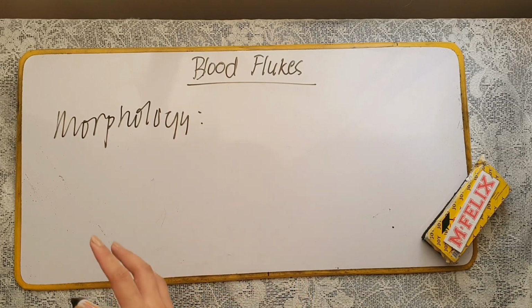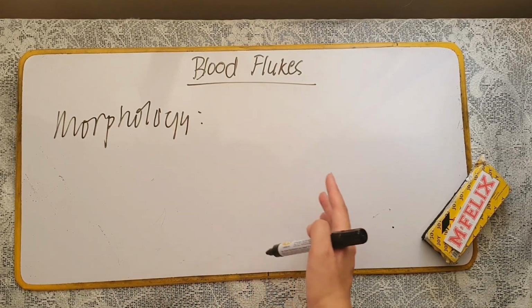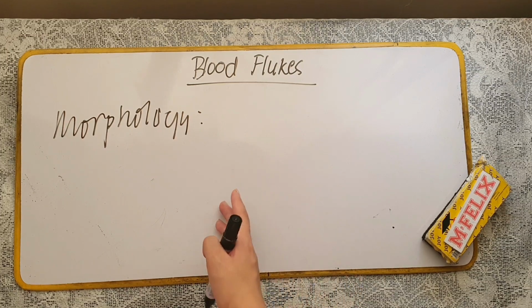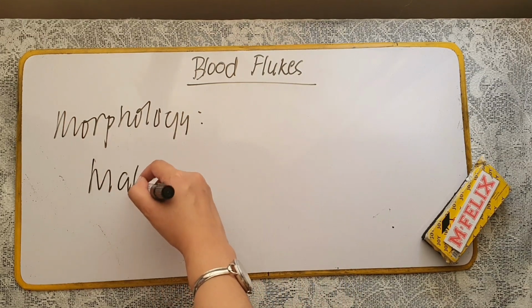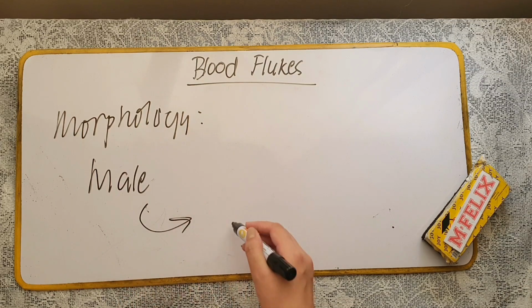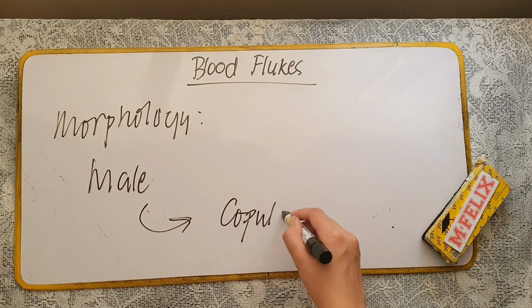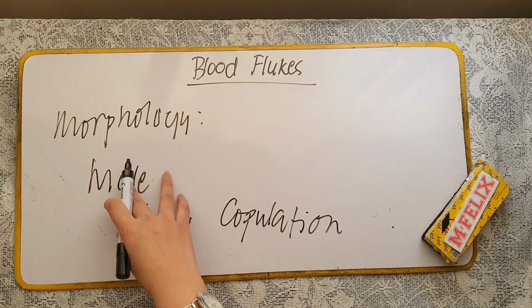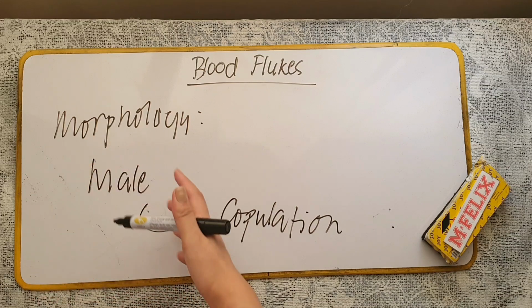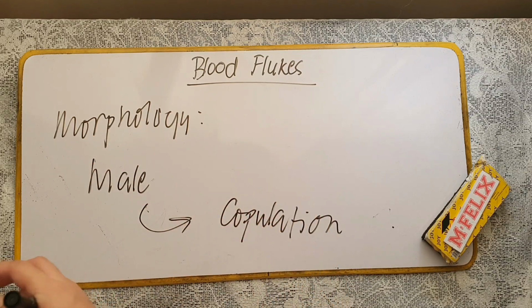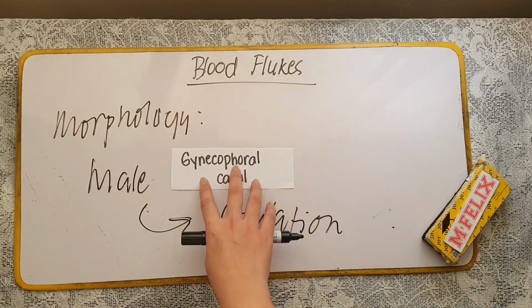Take note class that the male and female adult worms typically live in pairs. The male surrounds the female almost completely, facilitating copulation. The males are quite larger compared to the female adult. They are grayish in color and they have a structure we call the gynecophoral canal, found in the male adult.